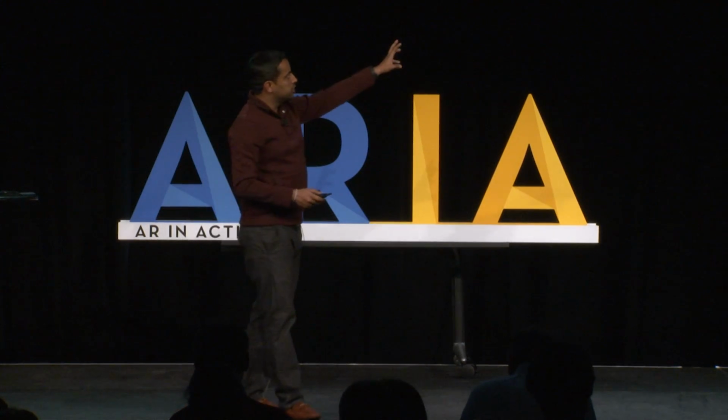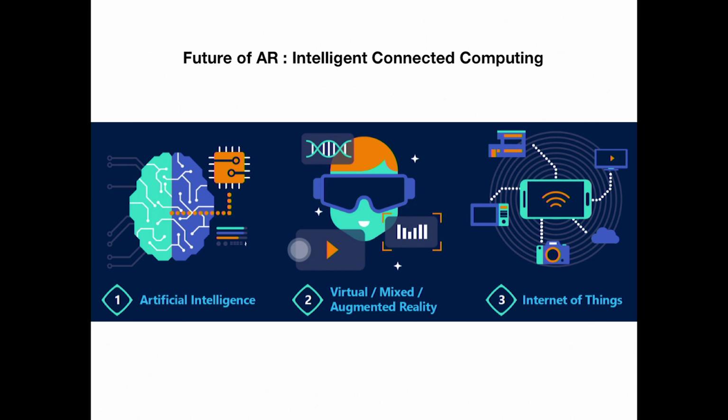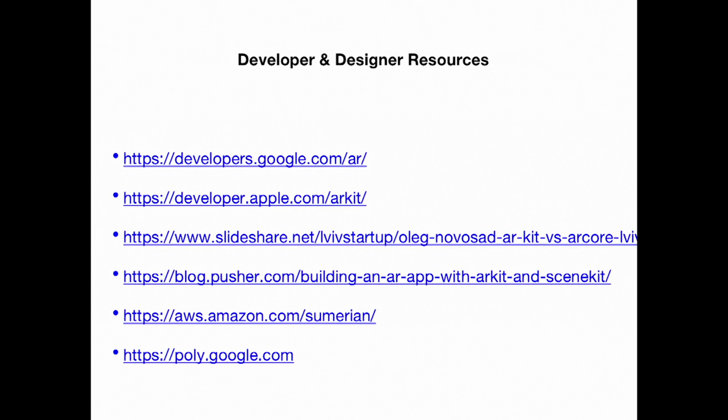So leveraging other domains, natural language processing, vision, audio, voice interaction, and of course machine learning would make augmented reality experiences the next level of immersive that we are all trying to make. So these are the three domains that I feel go hand in hand with each other.